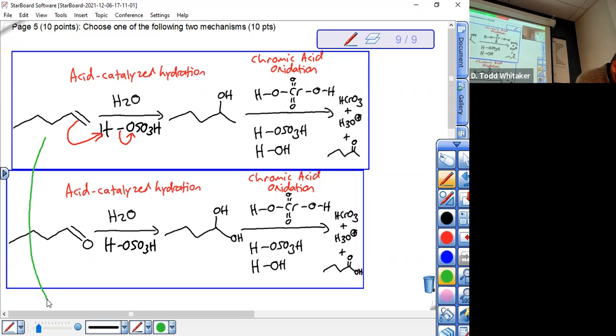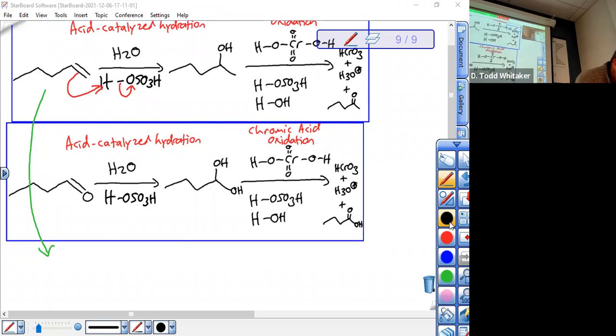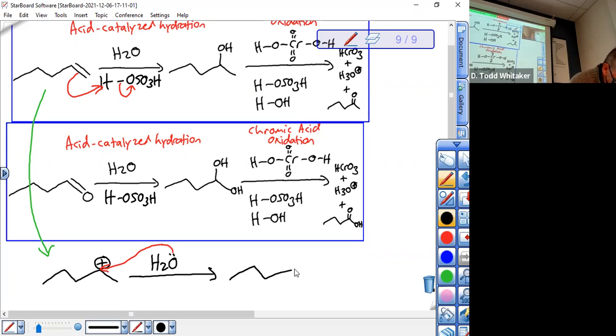And we're going to make the cation on the second carbon. And we got to get to that alcohol. You got to get the oxonium first. Please don't try to take the H off the water too early. And here's your oxonium.